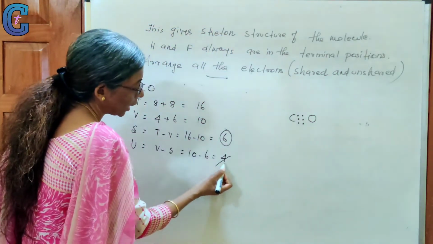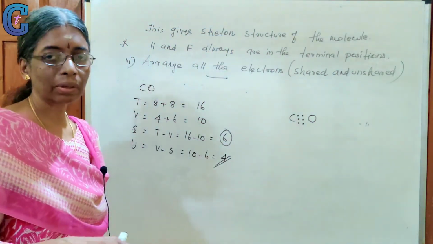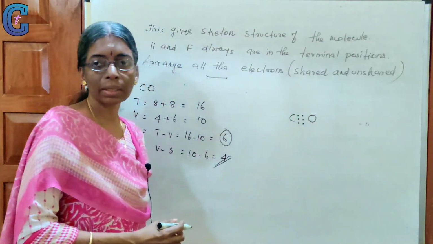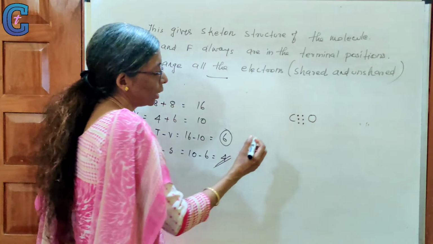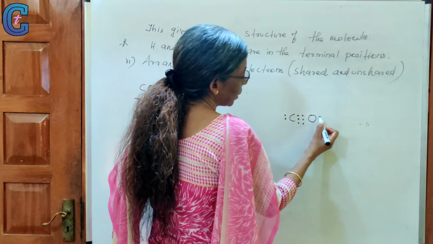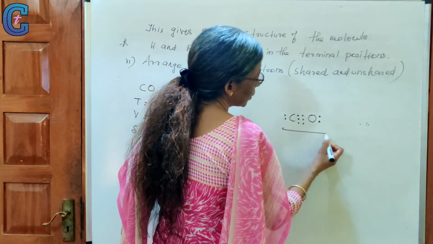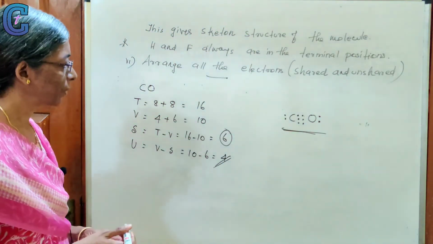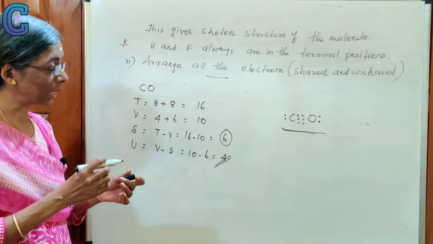The 4 electrons should be placed in such a way that both carbon and oxygen complete their octet. Here already 6, so you can put 2 here and 2 here. So both complete the octet configuration. Is it clear?